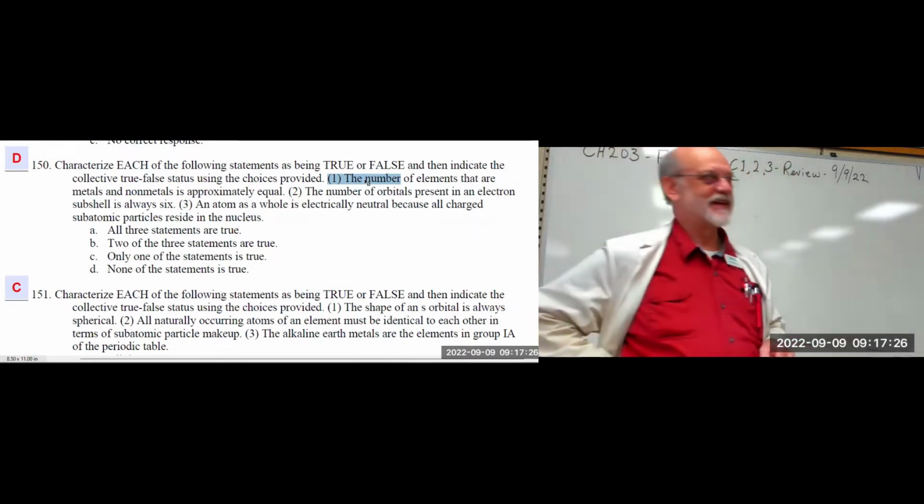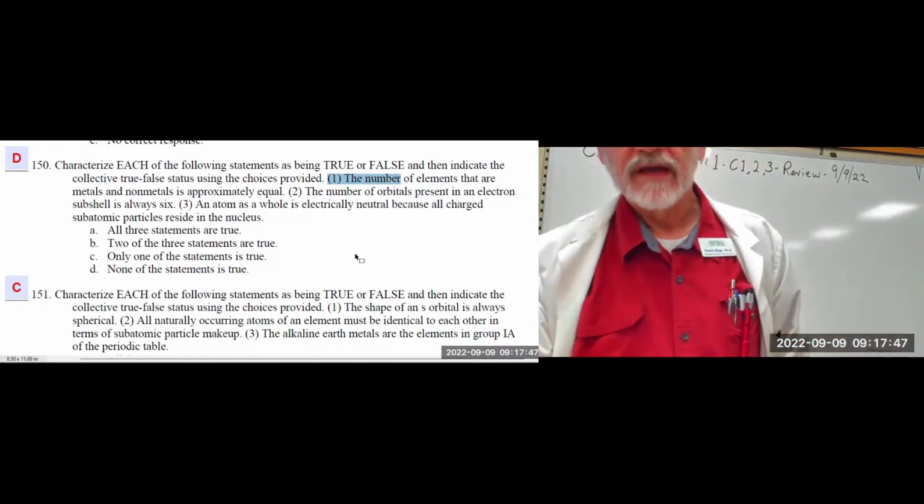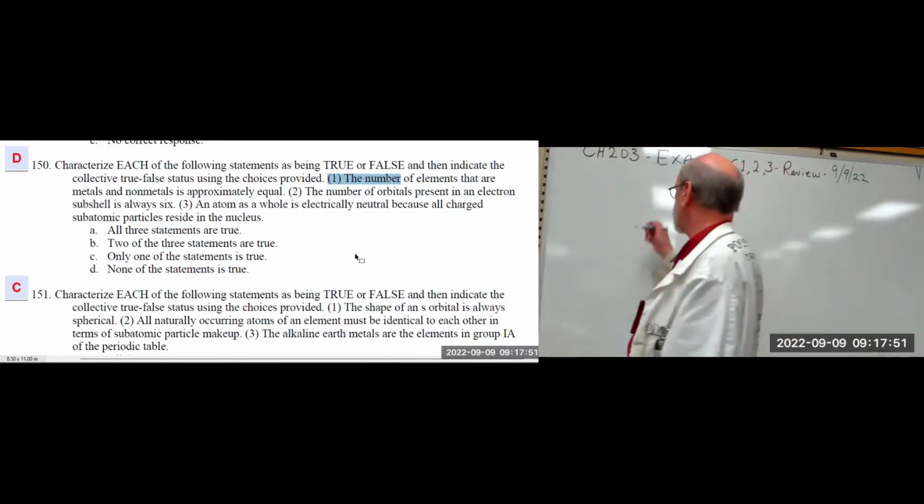So they're metals. Remember that black line you had to draw on the graph? In this one, it's a red line. These are non-metals. These are all metals here, here, and here. So most of the table is metals. So that one's false. So let me keep track. This is 150. All right, that one is false.